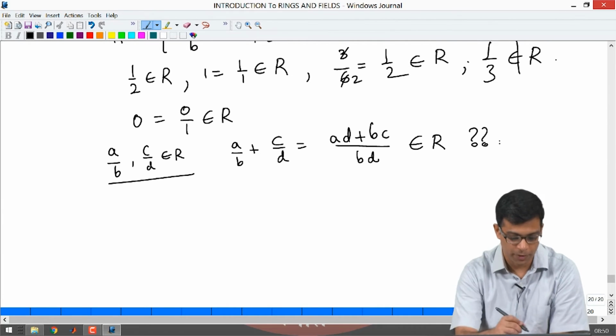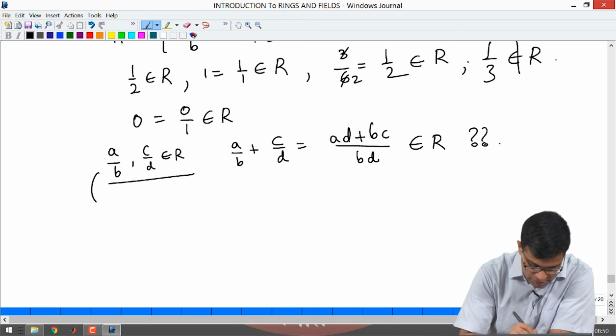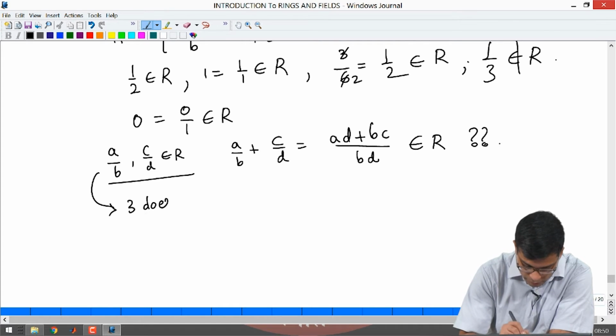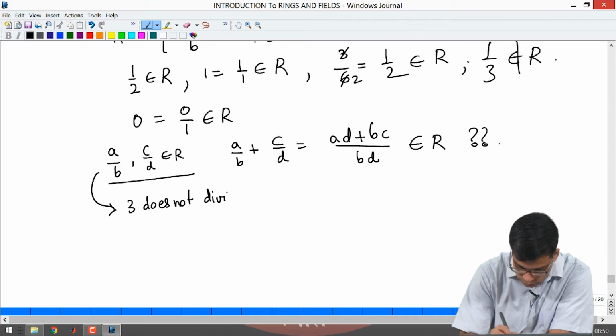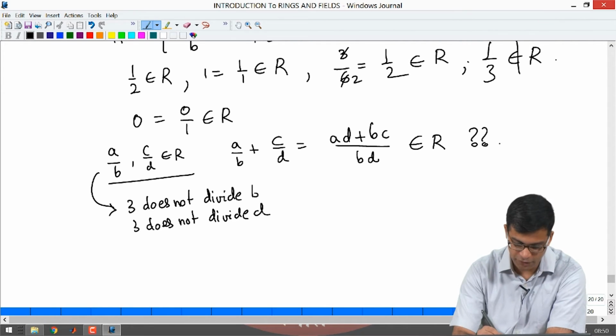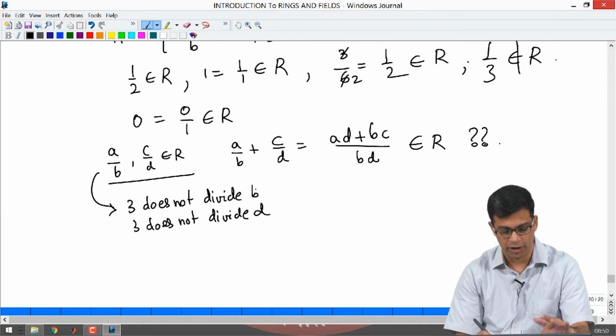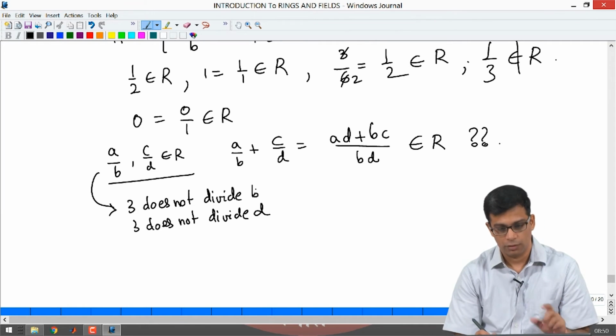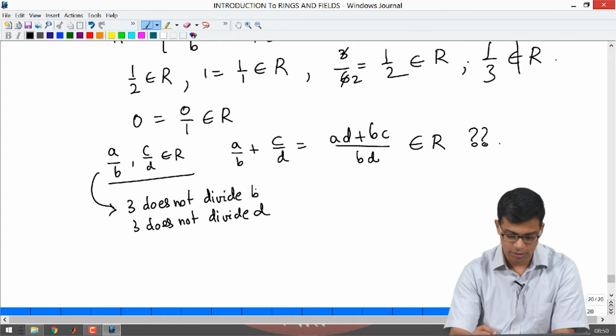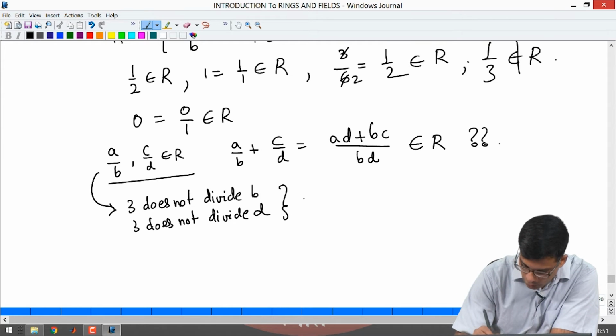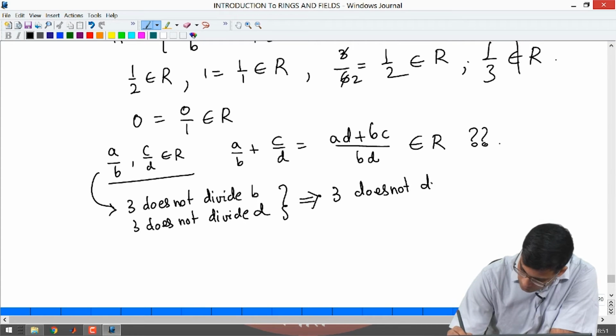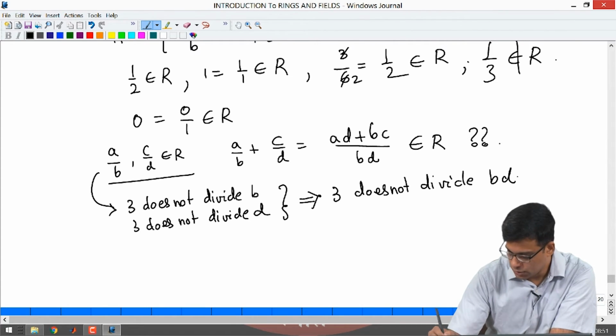We know A by B and C by D are in R. So, this condition implies 3 does not divide B, and 3 does not divide D also by definition, because A by B and C by D in their simple forms after cancelling common factors are in R. So, 3 does not divide B and D, but because 3 is a prime number, this implies 3 does not divide the product also. See, this is the property of prime numbers.